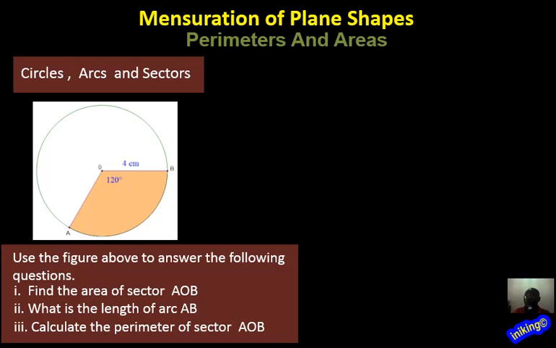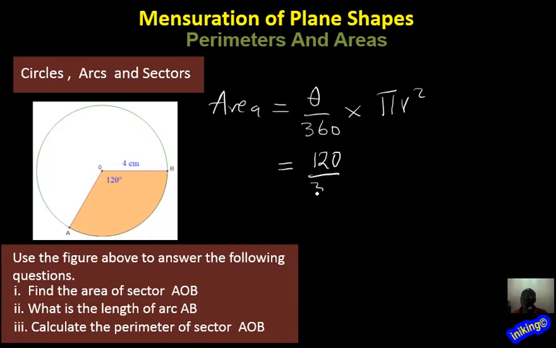Area of sector, we have agreed that the sector is a fraction of a circle. So the area of a sector is what? That fraction, theta, out of 360 times the area of the circle itself, pi r square. And in this case, the sector is taking 120 degrees out of the 360, and then pi, which is 22 over 7, times 4, the radius square.